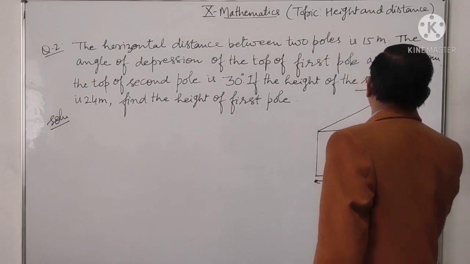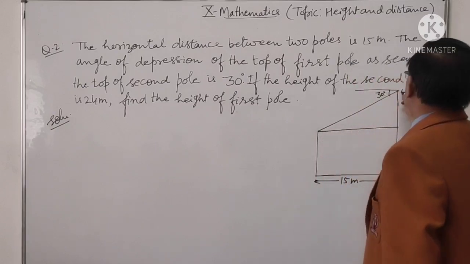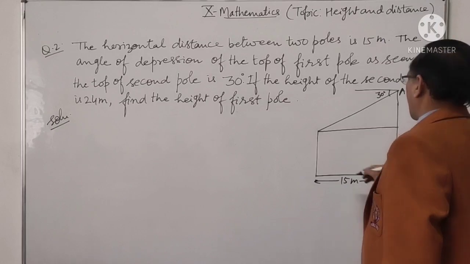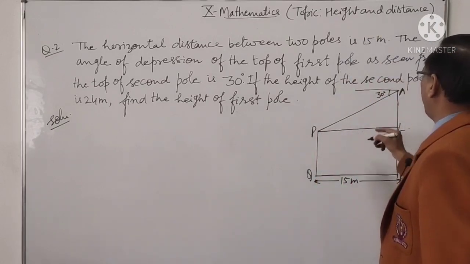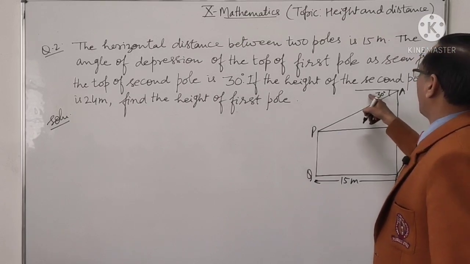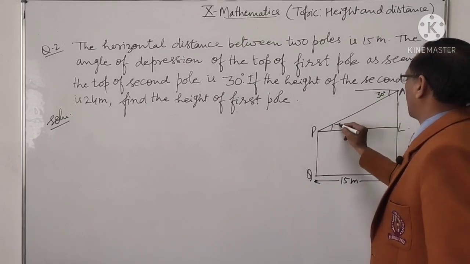Student, just draw one perpendicular. It is the first pole AB. Second pole is PQ. This perpendicular is let L. Since these angles are alternate, it is also 30 degrees.